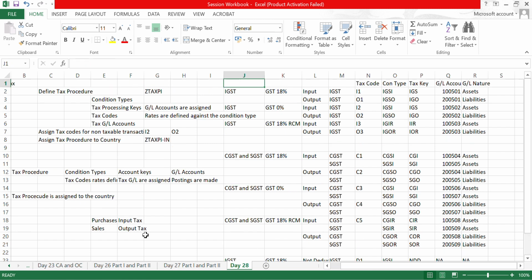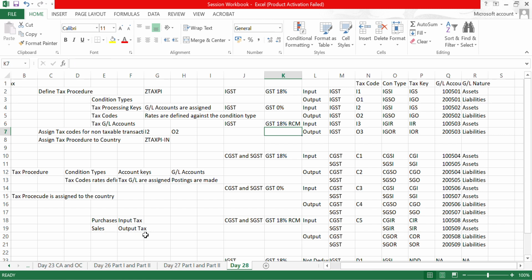Coming to the practical configuration that we'll be doing in SAP, we will create tax codes for input and output taxes. For our working, we will create 18% tax, 0% tax, and 18% tax under the reverse charge mechanism.